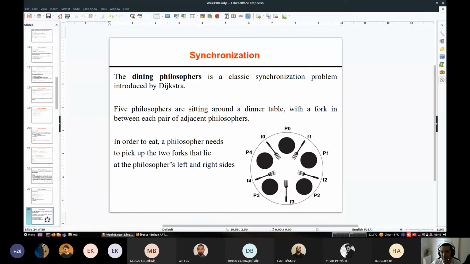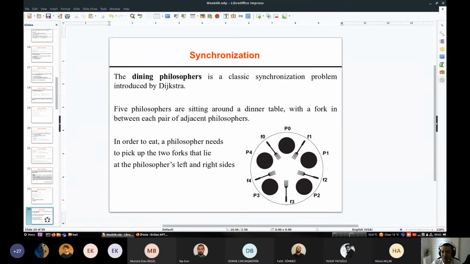Now, the dining philosophers is, of course, a classic synchronization problem introduced by the great computer scientist Edgar Dijkstra. So we have supposedly 5 philosophers sitting around the dinner table, and depending on where you read this from, sometimes they are eating sushi, sometimes they are eating pasta, depending on the country that published the book.